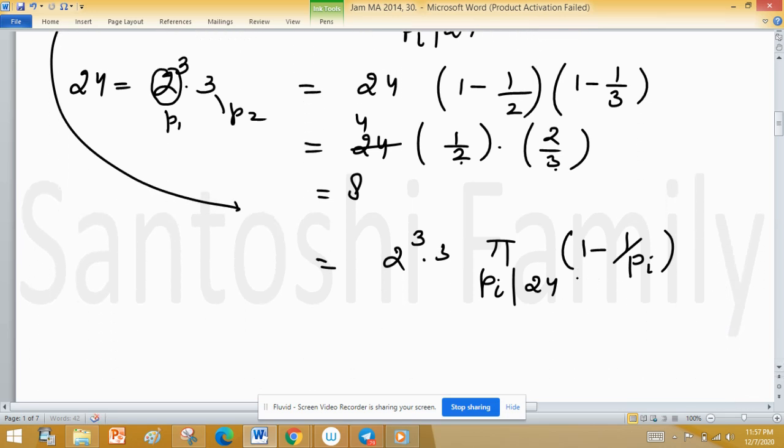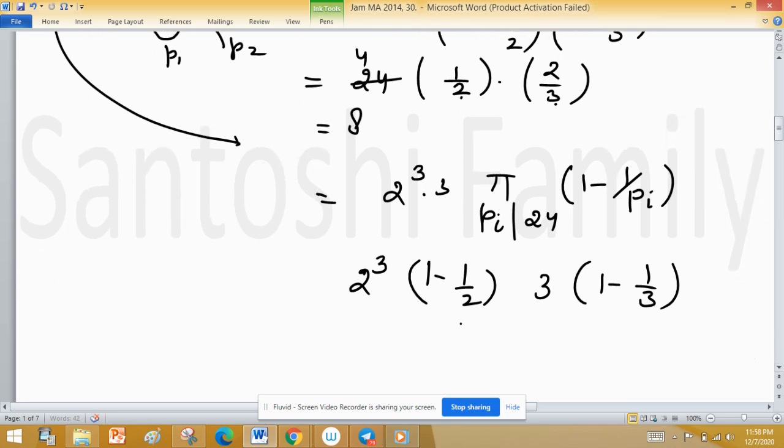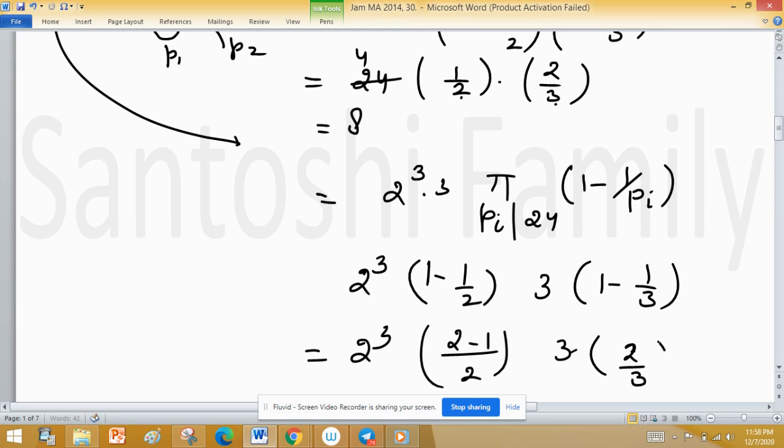Now if we write 1 minus 1 upon 2 and 1 minus 1 upon 3, with 2 raised to the power 3 and 3, then it will be 2 minus 1 upon 2 and 3 minus 1 upon 3.